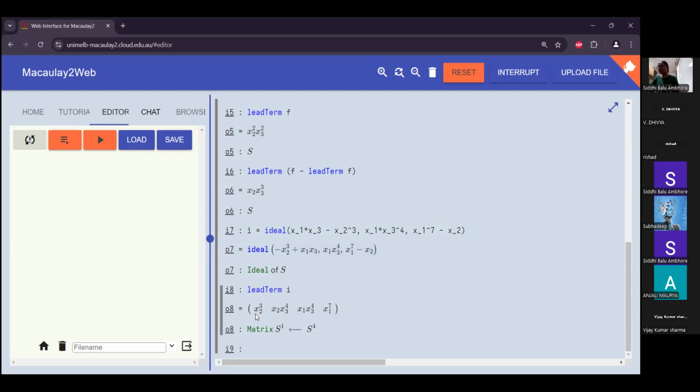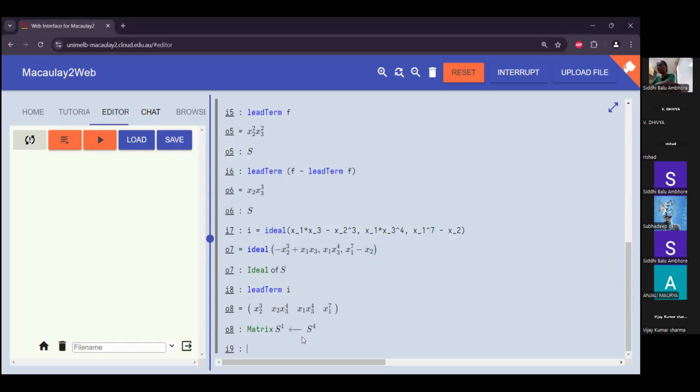But when I try to find the initial ideal, it is generated by these four elements. So definitely the initial terms of these three elements cannot be equal to the ideal generated by four elements, right? Do you understand what I'm trying to say here?